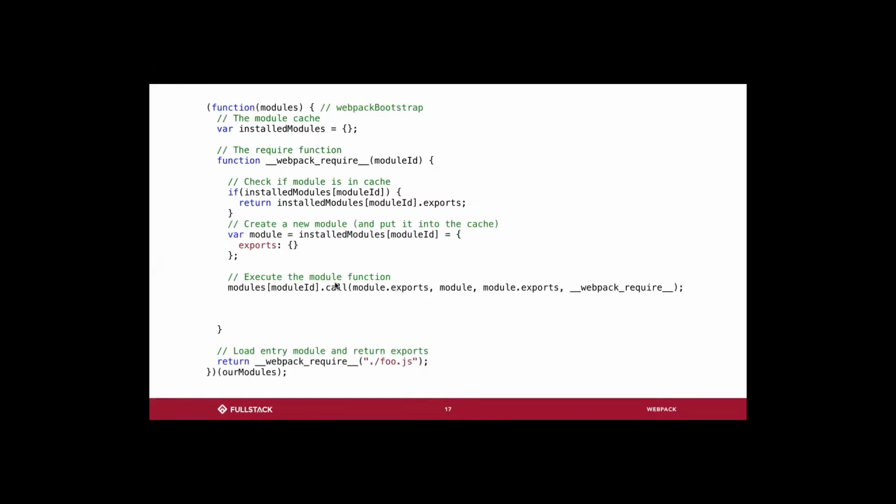Remember, this is the function that has module, exports, and require passed in as arguments. We call it with module.exports as our this context, and invoke it with module, exports, and require, just like we saw previously. So we're just executing it, and then we return the exports of that module. And that's kind of all there is to it.